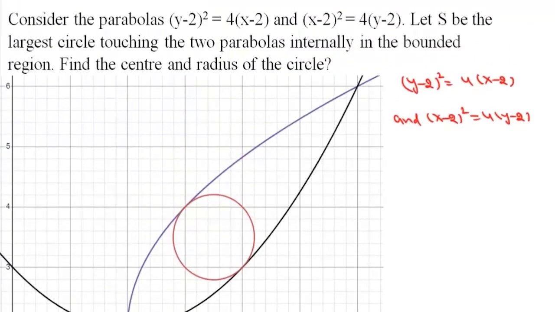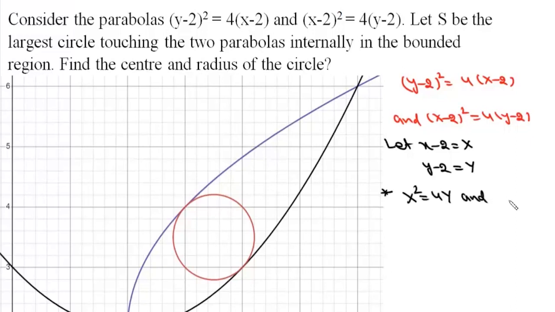So we'll let x minus 2 be some capital X and y minus 2 be some capital Y. Then we have the equations of the two parabolas as X square equals 4Y and Y square equals 4X. So basically we'll solve the problem for these two standard equations. We'll find the center and radius of the circle by shifting the origin again.